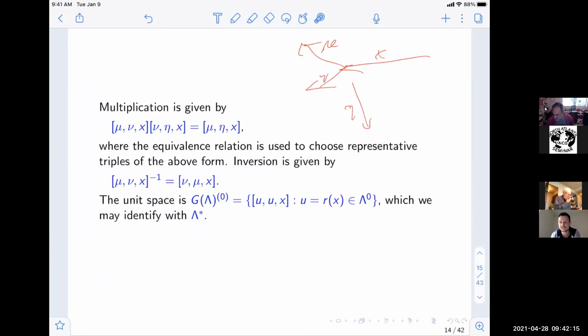So the idea is we could really swap out nu for mu, swap out eta for nu. The result was to go from this one to this one, always with a final tail x. And we just interchange the beginnings to get an inverse. And the units are where we have really just a vertex as our paths. So the unit space is identified with the lambda star.